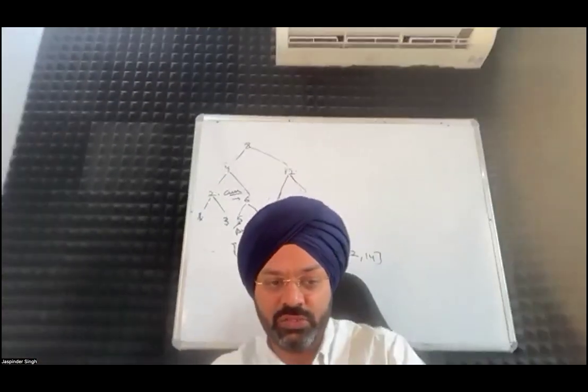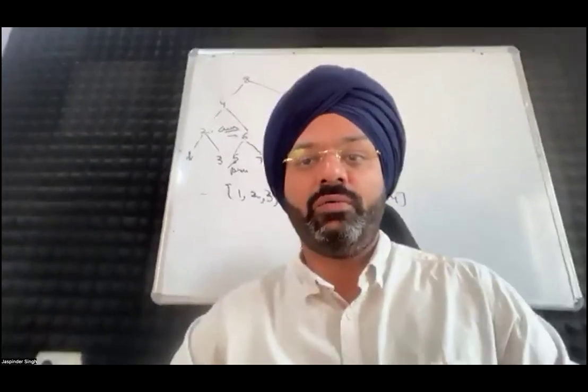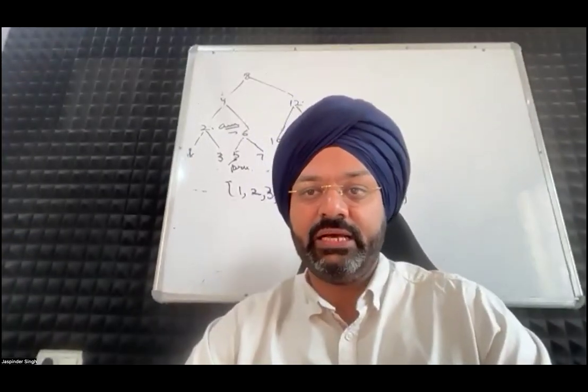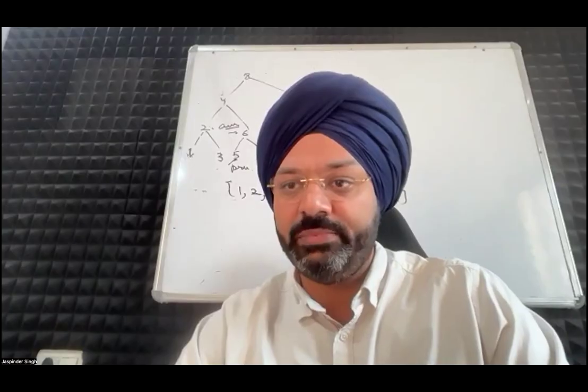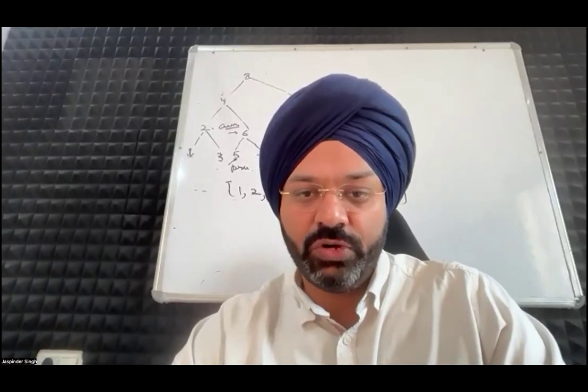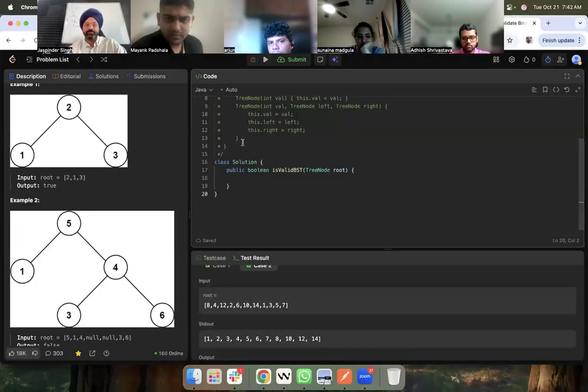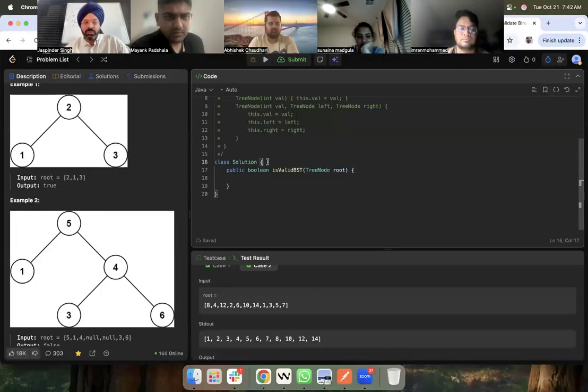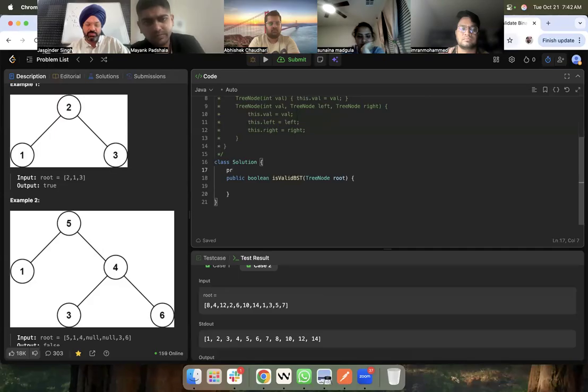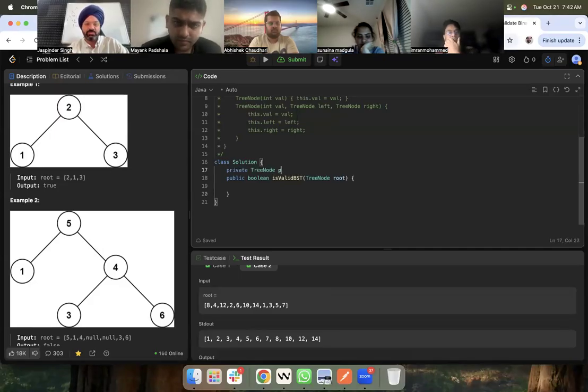If I try to write code over here, I just need a previous pointer to validate a BST. I don't need to store it in a result. So let's have a private tree node previous.